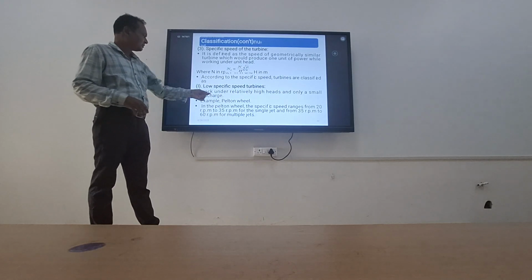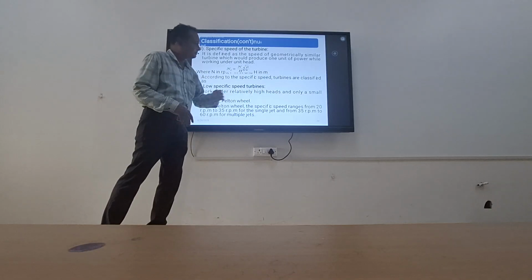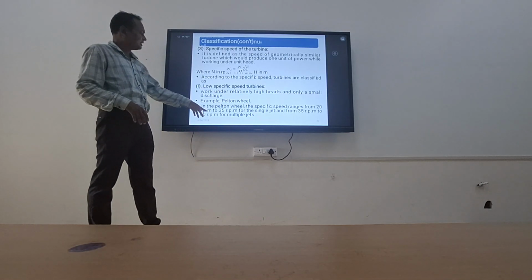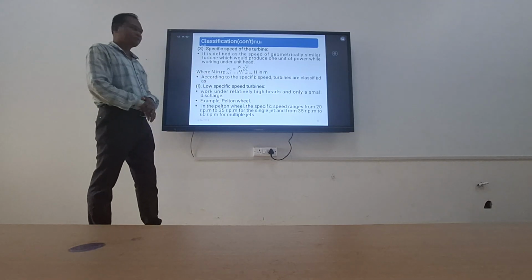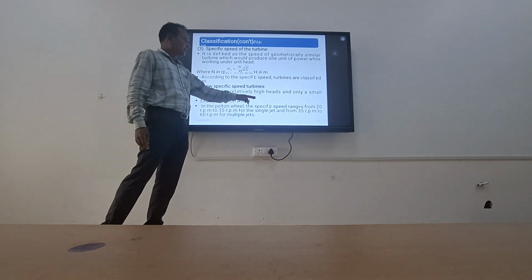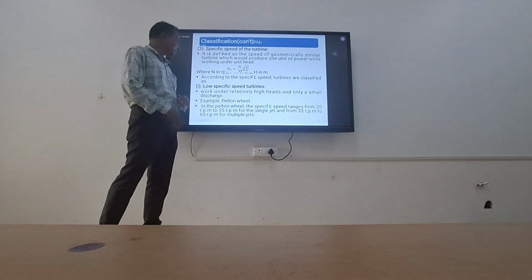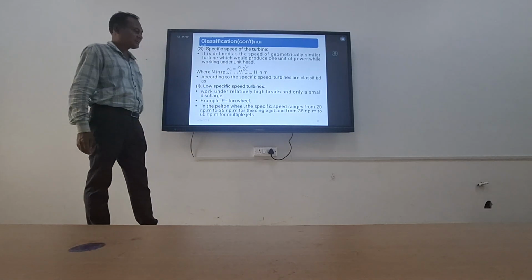An example is the Pelton wheel turbine. Its specific speed ranges from 20 rpm to 35 rpm for a single jet, and for multiple jets it can vary from 35 rpm to 60 rpm.